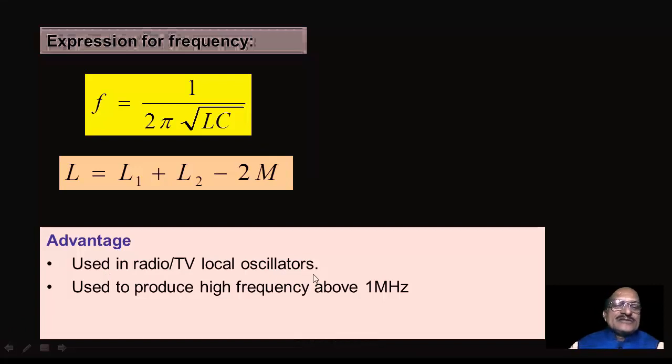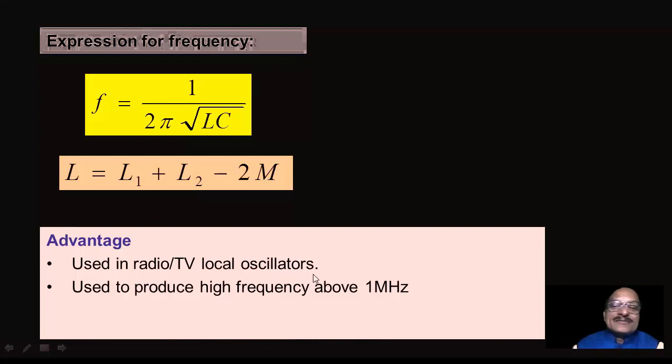In a demodulation process, we require a local oscillator in radio and TV receivers because the signal received from the antenna of the radio receiver is in kilohertz or megahertz. That should be brought to the audible range, then we can listen to the audio through the speaker.